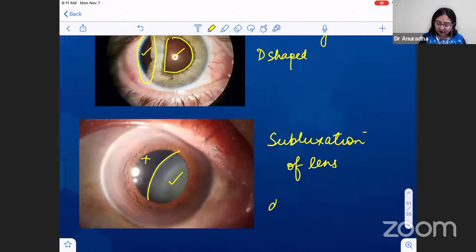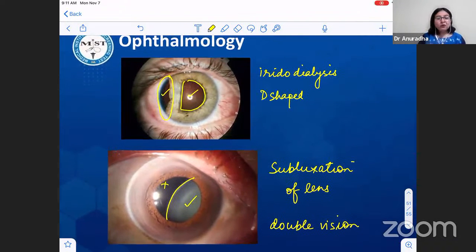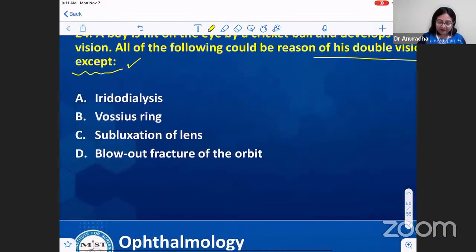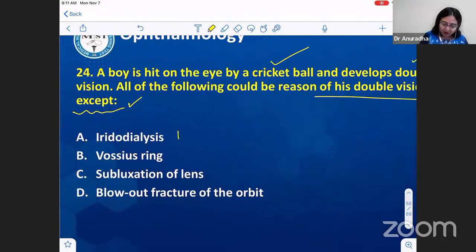So again, this can cause double vision because one part is having lens, one part is not having lens. So I told you iridodialysis can also cause double vision, and subluxation of the lens can also cause double vision.